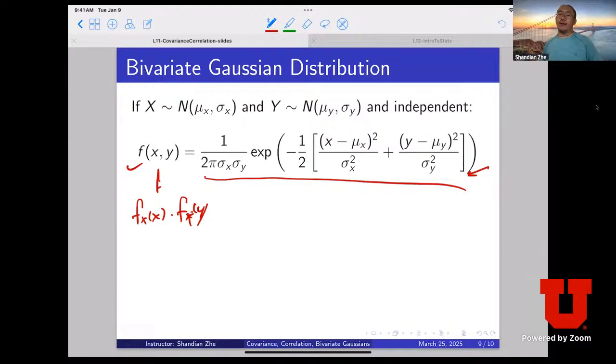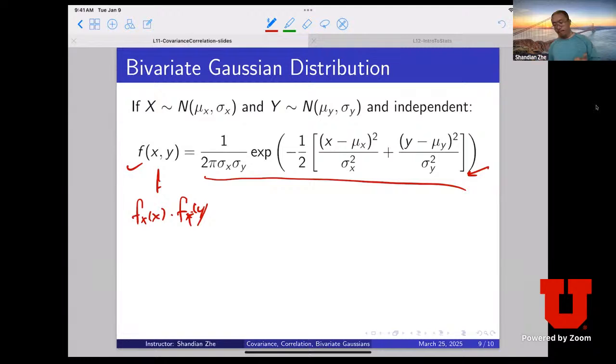But if the correlation coefficient or the covariance is 0, it doesn't mean x and y are independent. But for Gaussian random variables, the correlation being 0 is equivalent to independence. That's the key property of this type of random variable.